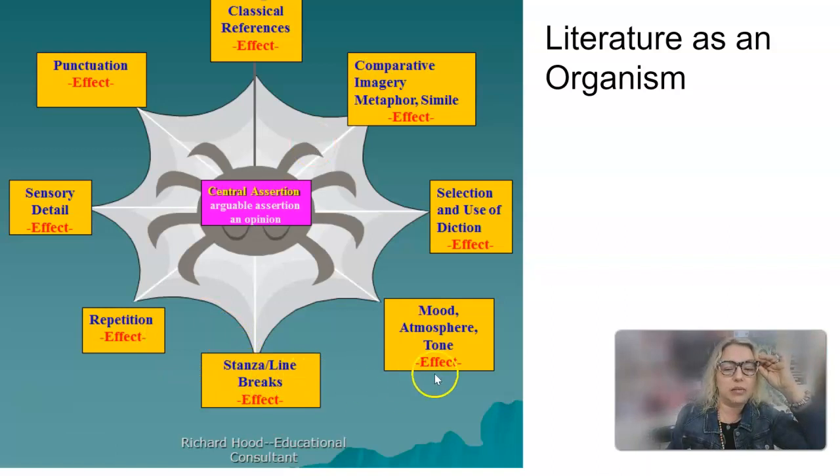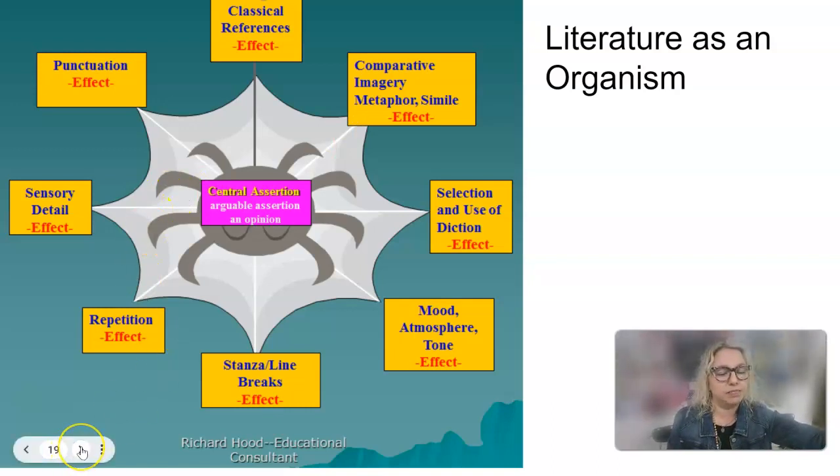Repetition, stanza line breaks, mood, atmosphere, tone, diction, and then classical references, allusions. So these are all some different aspects that are technical, formal elements in literature that we can look for in paper 1. And they work together to point us towards one larger meaning.